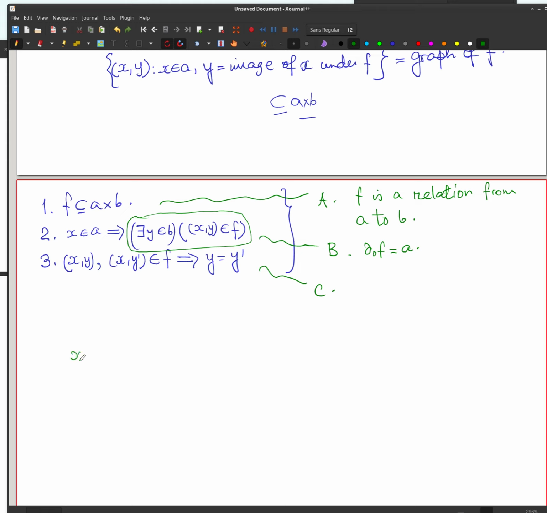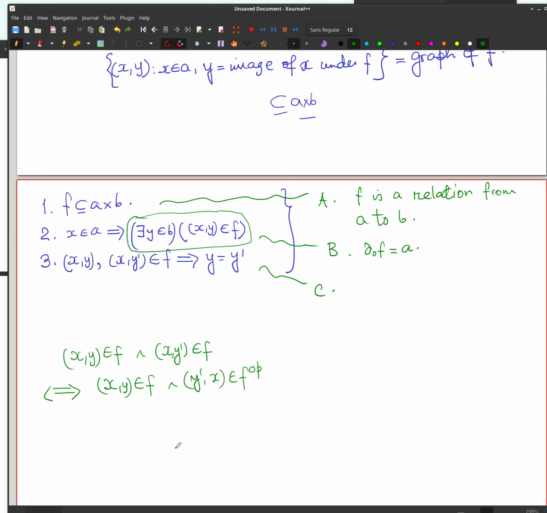Now let me see this. Okay, (x, y) belongs to F and (x, y') belongs to F. Well, this is the same thing as saying that (x, y) belongs to F and (y', x) belongs to F op, because now I have defined my relation F op.